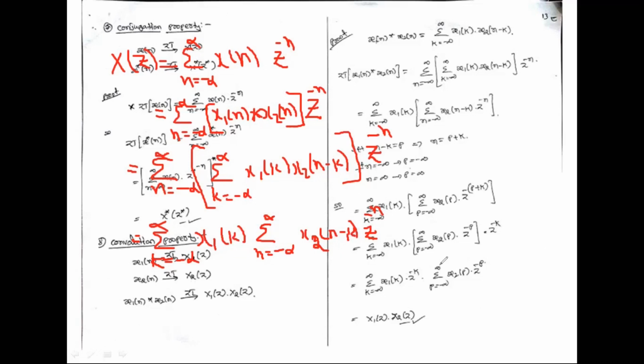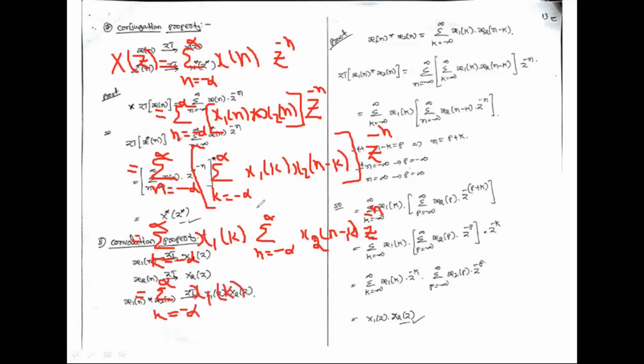Is it right, my dear students? Or otherwise you can directly take n minus k as p. Substitute that, or otherwise directly by using one of the properties, you can write the sum of k equal to minus infinity to infinity x1 of k.